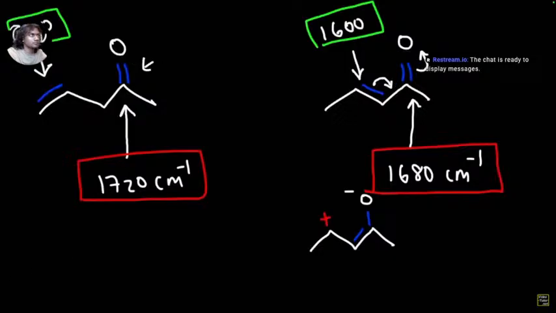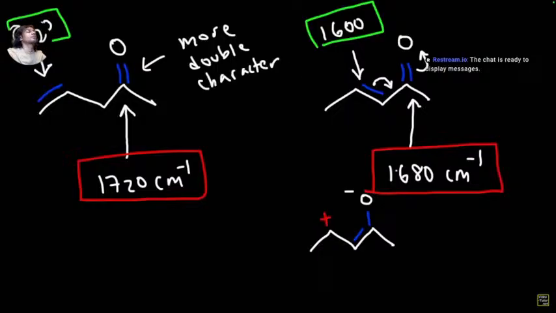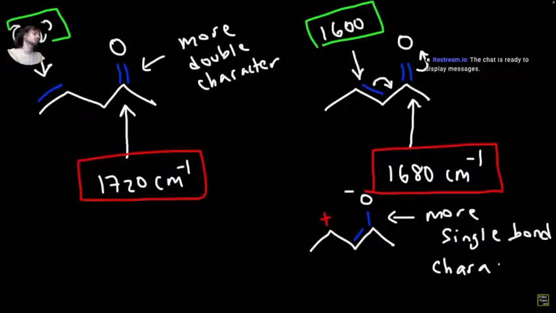The answer is this one. This one has more double bond character because it can't become a single bond through resonance. The conjugated ketone, it can become a single bond through resonance, so it has more single bond character. And now let's think about this.